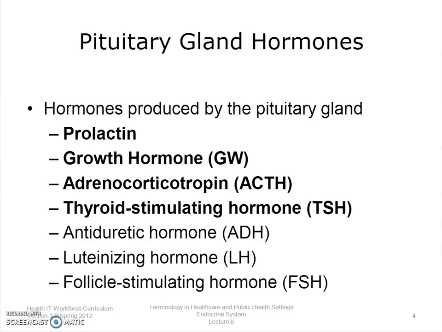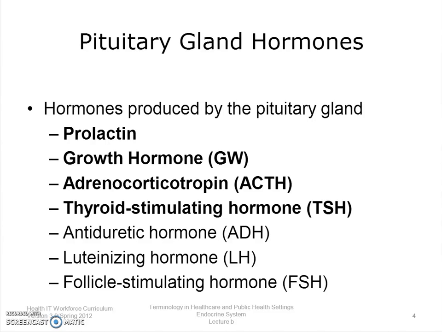The following is a list of the hormones produced in the pituitary gland, and I will provide a brief description of their functions. Prolactin is responsible for development of the breasts in females and lactation after childbirth. Growth hormone, or GH, is responsible for generating the growth and development of bones and other tissues.